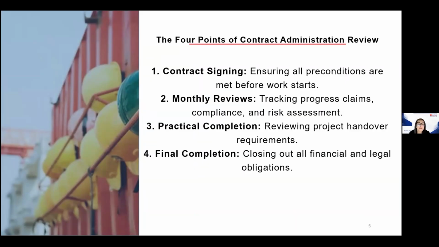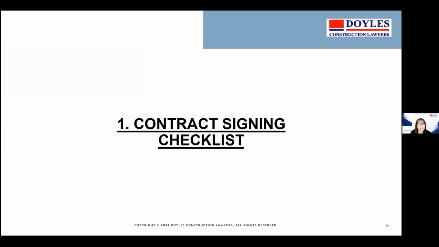With monthly review, track things like progress claims, compliance and risk assessment. In practical completion, look at the project handover requirements stipulated in the contract. And in terms of final completion, make sure that you're closing out financial and legal obligations in accordance with its terms. All right, we're going to jump into the first component, which is contract signing.